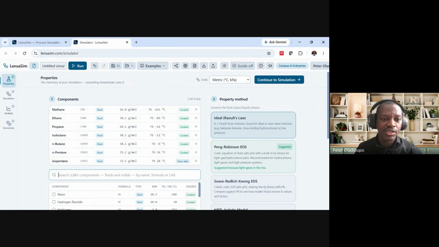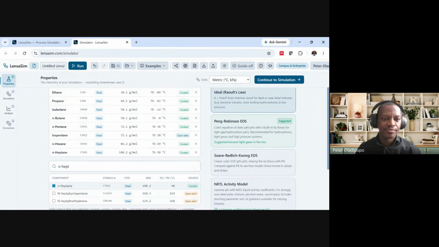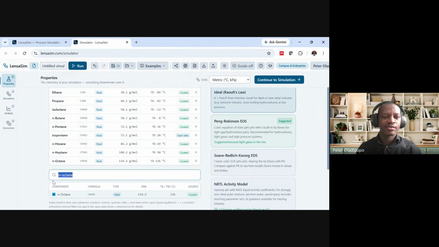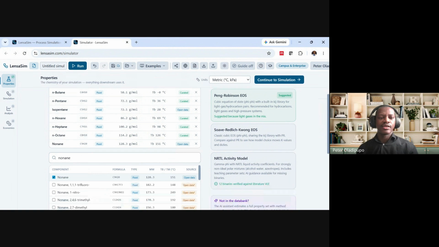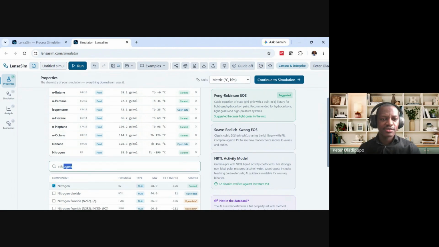So hexane, we go to hexane now. Then there are acid gases, and there is nitrogen as well contained.